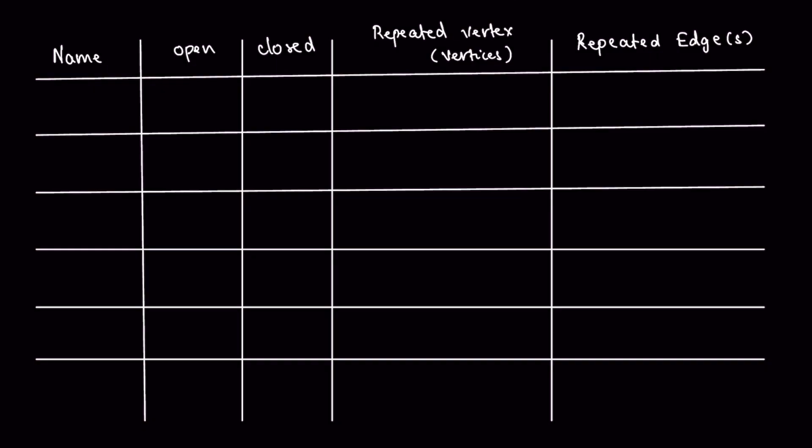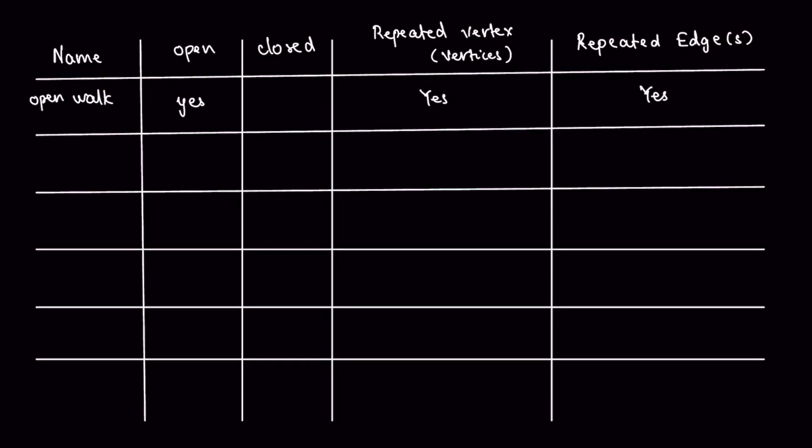Okay, so the first one is an open walk. By the name, you know that the graph is open, and for an open walk, you can have repeated vertices and repeated edges.